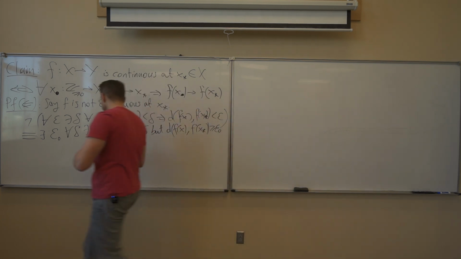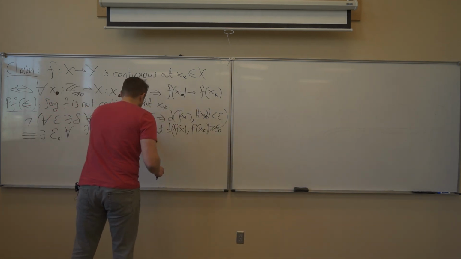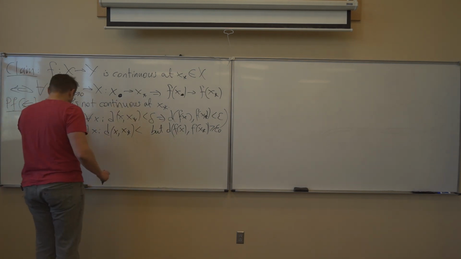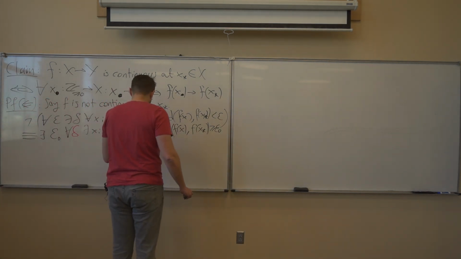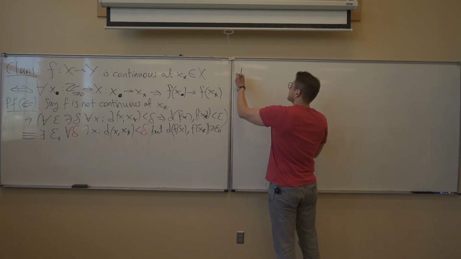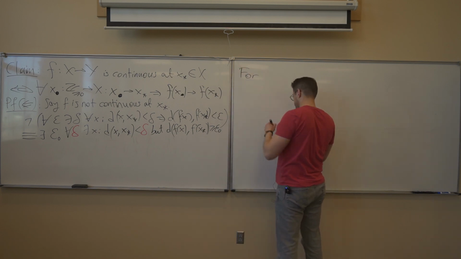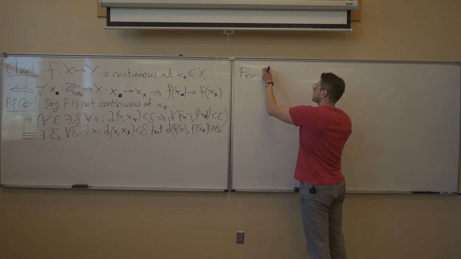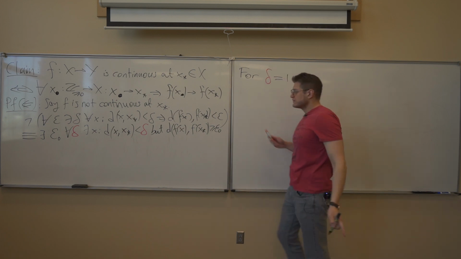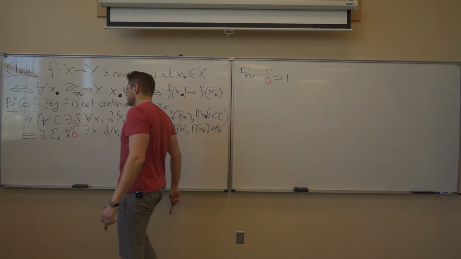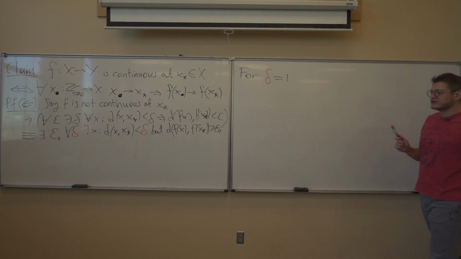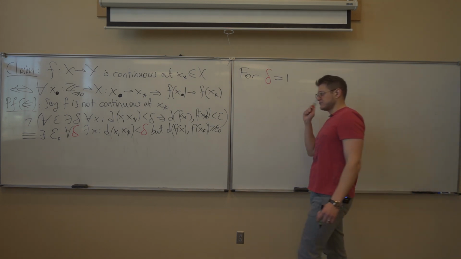Maybe again, let's use colors. It says for any delta, positive number. In particular, I can choose whatever number I want, okay? The moment I choose a delta, I'm going to have a point.